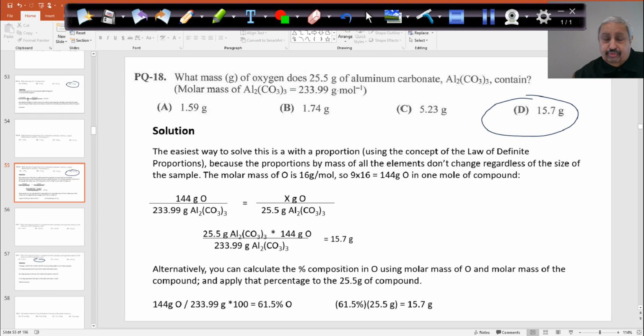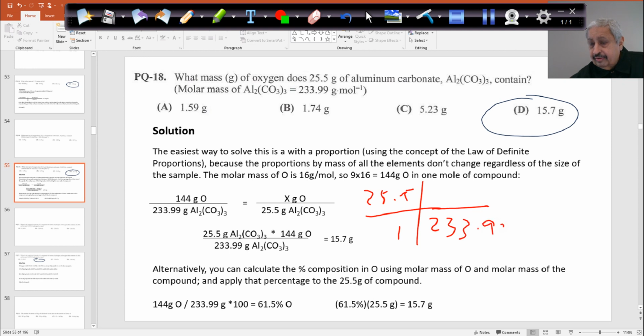We came out to 25.5 grams of the whole molecule over 1. Then the whole molecule here is 233.9 grams of the whole molecule per mole of the whole molecule, correct? And then you have 1 mole of the whole molecule, aluminum carbonate.